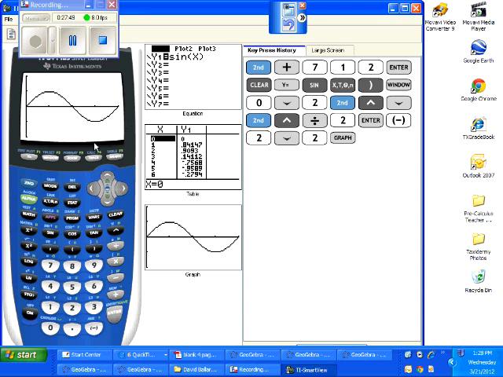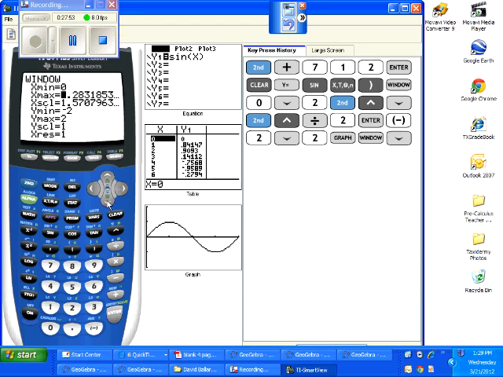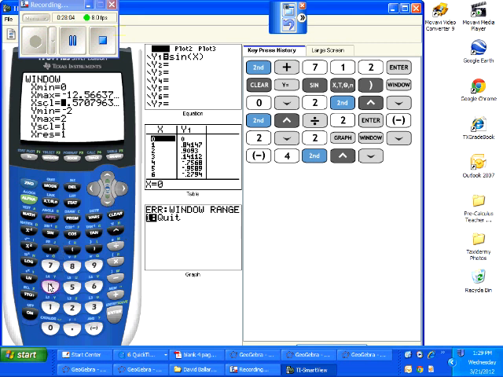All right, now let's go back to window, and let's actually go from negative 4 pi to 4 pi, because we may shift left and shift right and shift up and shift down.